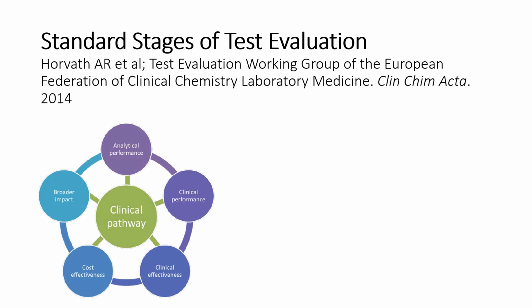Now, Andrea Horvath and the Clinical Chemistry Test Evaluation Group put these sequences in a wheel to indicate that maybe it's sensible to think about going backwards and forwards between these phases, and thinking very clearly this all links to a clinical pathway, which we'll come back to in the idea of thinking about intended use cases for tests.